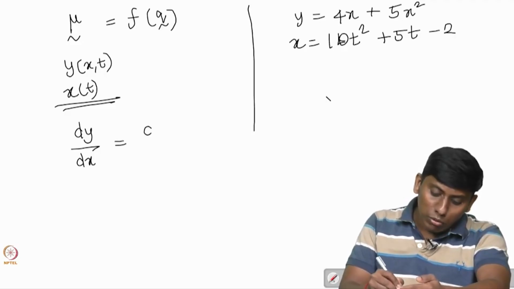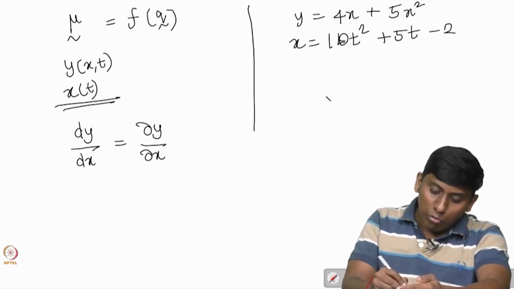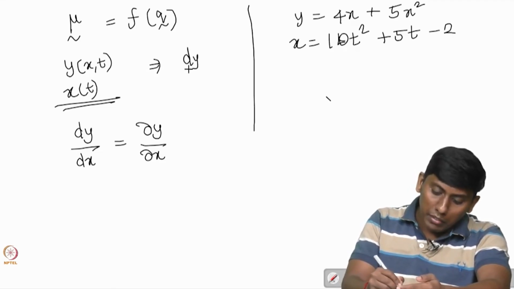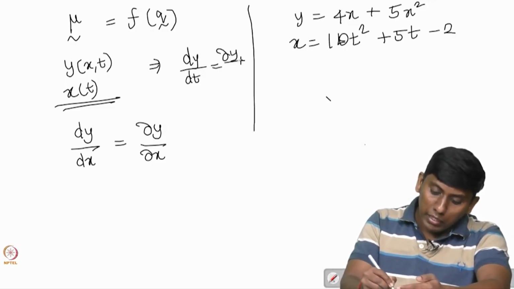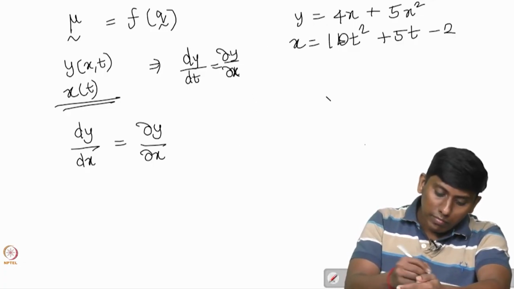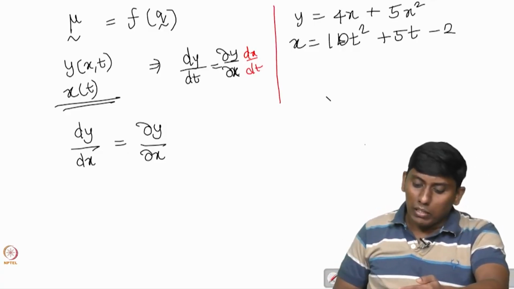What I can do is write dou y by dou x into, I can write this way: dy by dt, which would give dou y by dou x, multiplied with dx by dt.